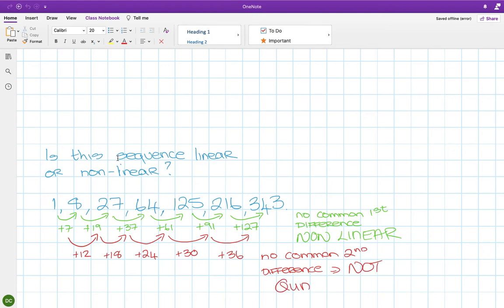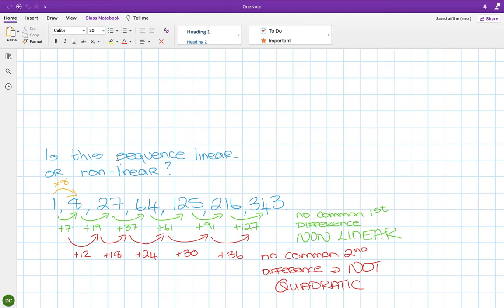The other type of nonlinear we know is exponential, and that's where you multiply to go from term to term. So I can figure out what I'm multiplying by here by doing 8 divided by 1. That means 1 times 8 makes 8.